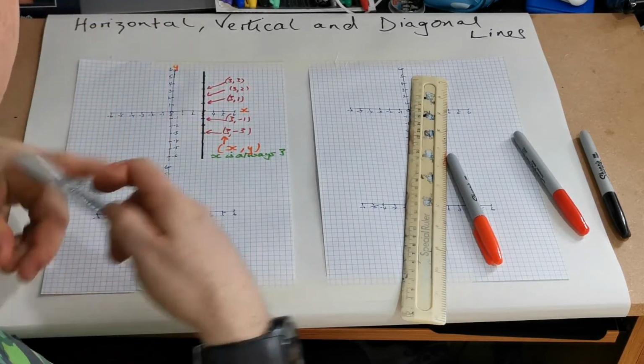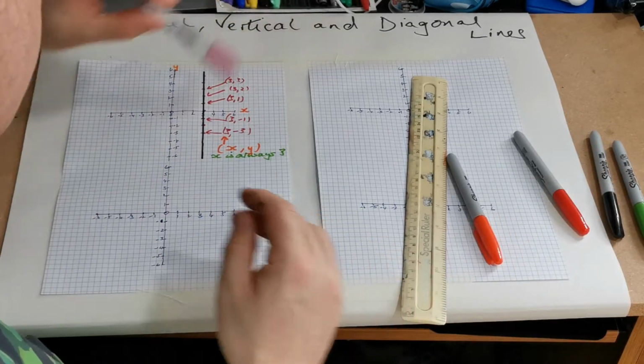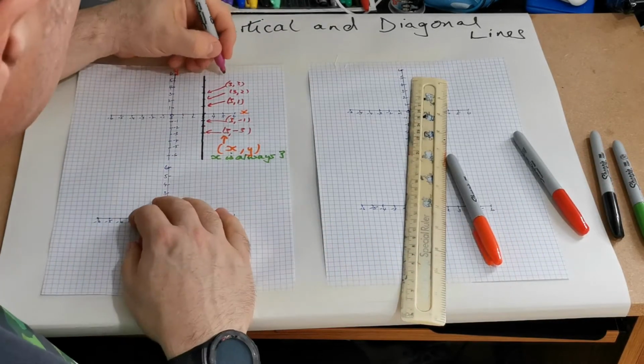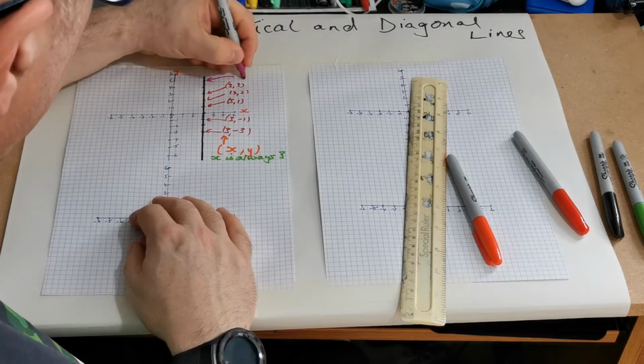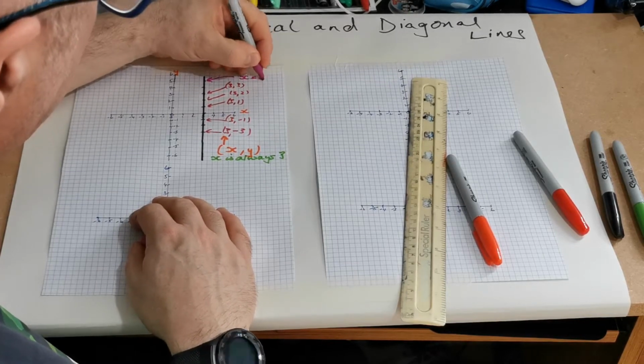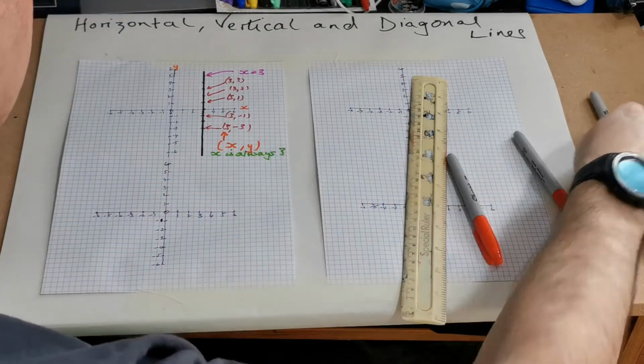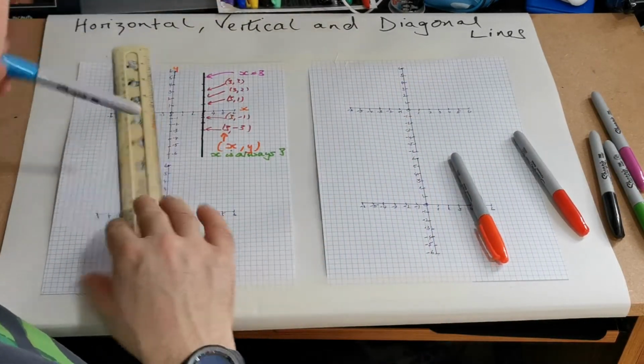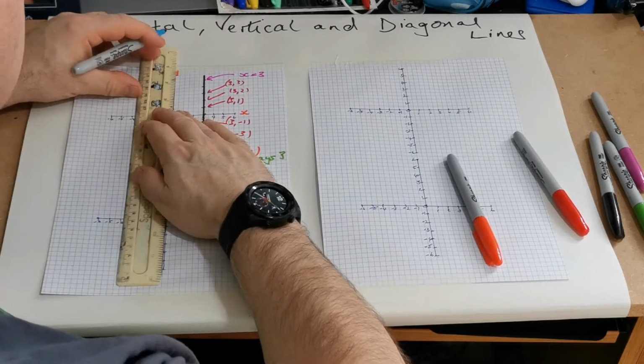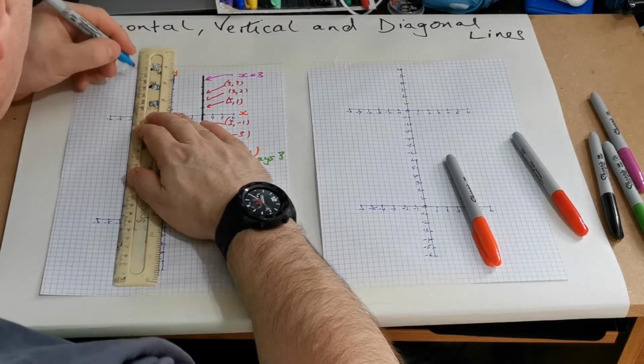X is always 3. Now, as a mathematician, I don't like writing a lot. So instead of saying x is always 3, I'm going to say x equals 3. And I think that's a much neater way of doing it. So if I was to draw one over here somewhere, it doesn't matter where I draw it actually.